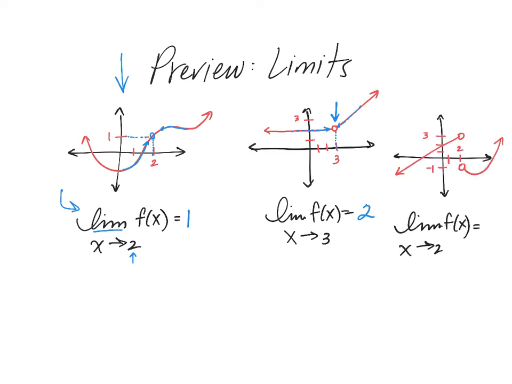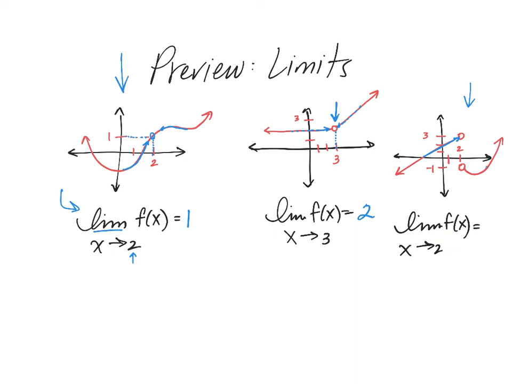So now we're really going to get you thinking. If you look at this new function we have, it has what we call a jump discontinuity at an x value of 2. And that means that at x equals 2, it's like two different branches that happen, and between them there's a jump or a large break. So when we're asked for the limit on this one, as we approach the x value of 2 from the left-hand side, we would predict the y value to be 3.